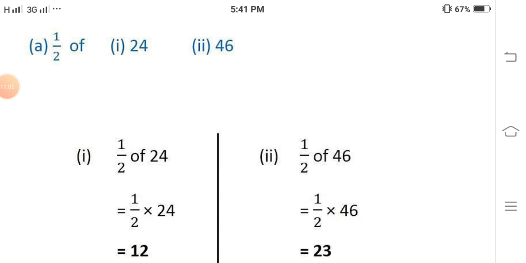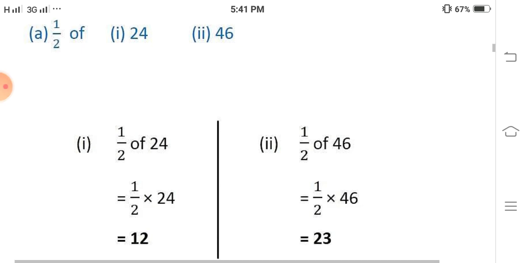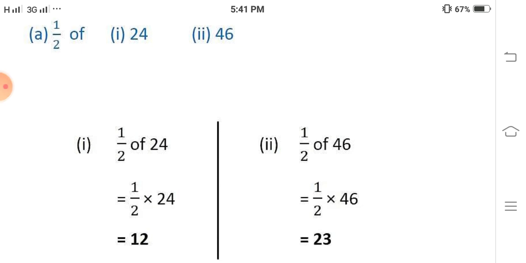A part, first part, 1 by 2 of 24. 1 by 2 multiplied by 24. So 24 will be cancelled with 2 on 12. So 12 ones are 12. Second part, 1 by 2 of 46. 46 will be cancelled by 2 on 23. So 23 multiplied by 1 is 23.